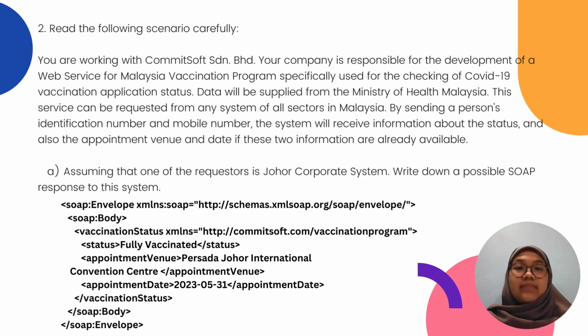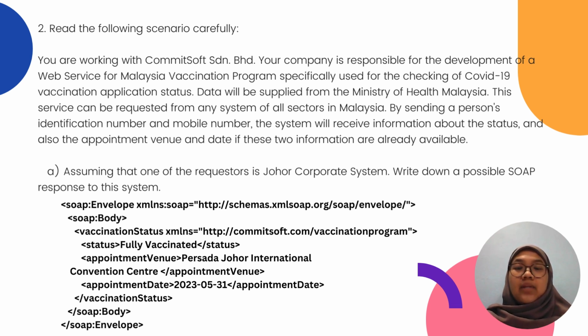The content of the message is in the body and consists of an XML element, vaccination status, with 3 child elements. First is status, indicating the vaccination status, which is fully vaccinated. Next is appointment venue, indicating the venue of the vaccination appointment, which is Persada Johor International Convention Centre.